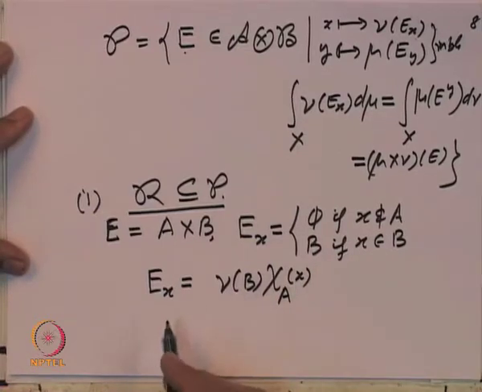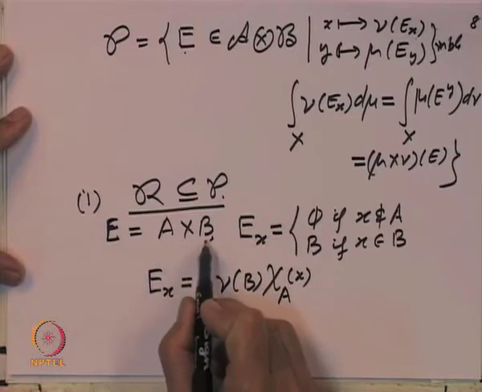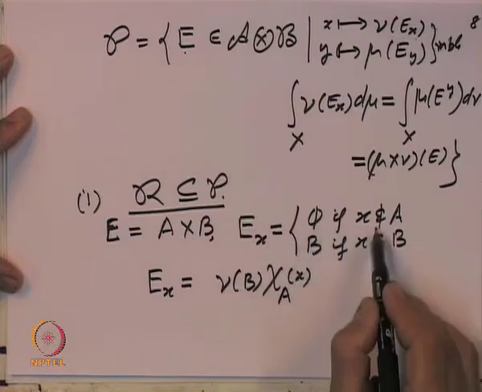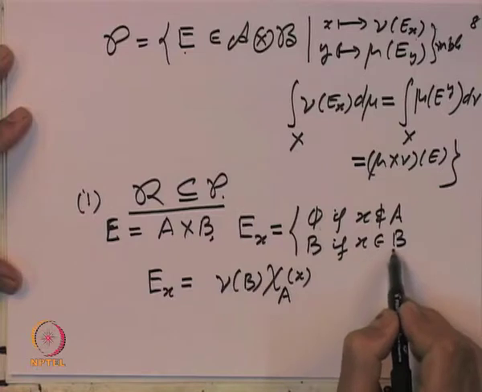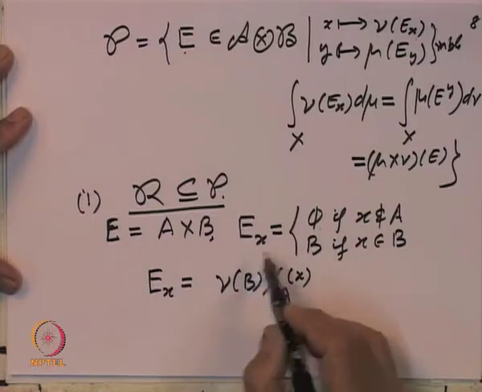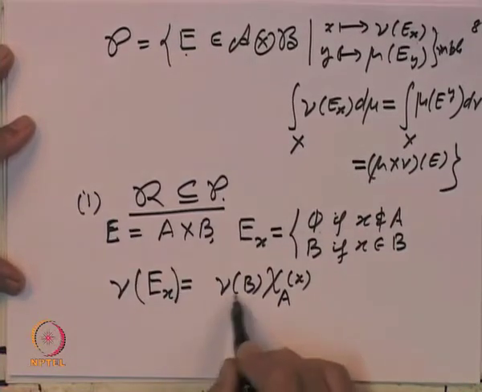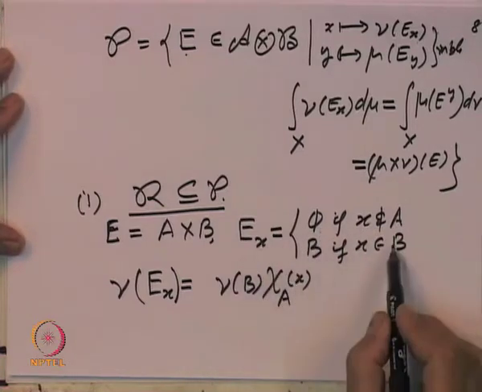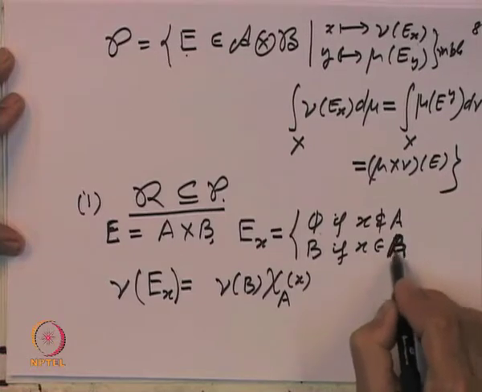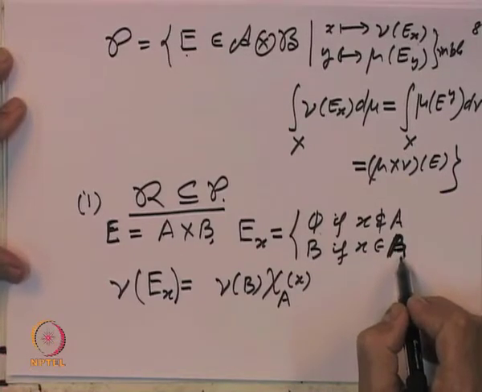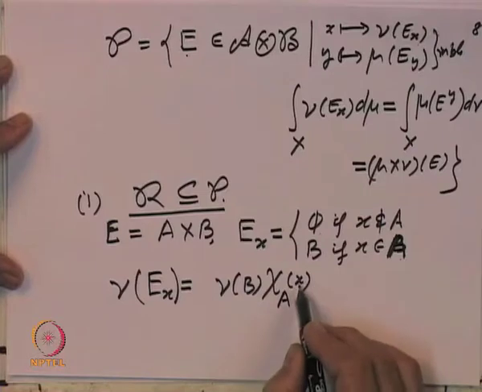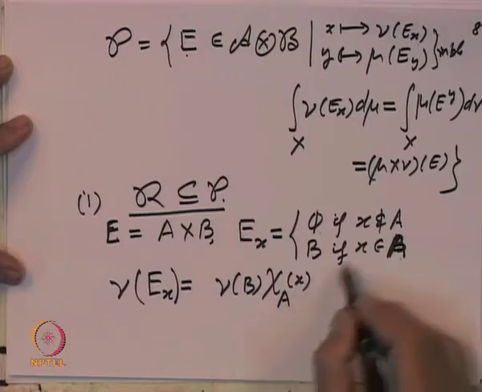This is what is important: for a rectangle A cross B, we have already computed the sections. The x section was the empty set if x does not belong to A, and it is B if x belongs to A. So, nu of E x is going to be nu of the empty set, which is 0, if x does not belong to A, and if x belongs to A, then it is nu of B. This equality holds because if x belongs to A, the indicator value is 1, and if x does not belong to A, it is 0.